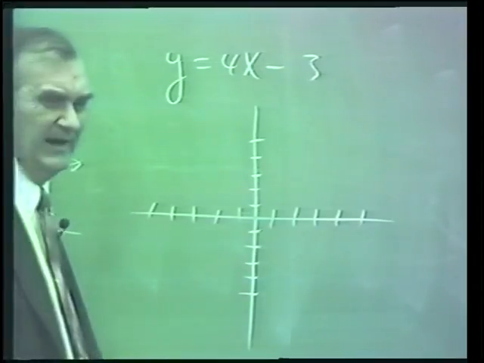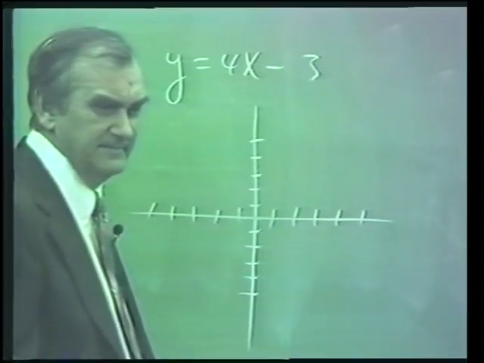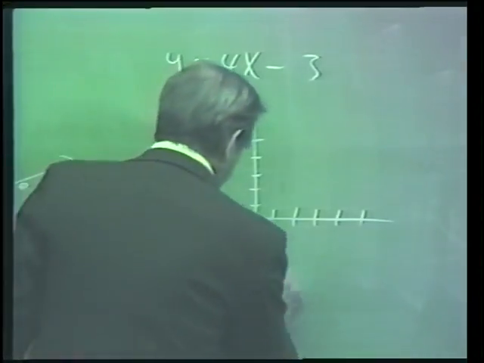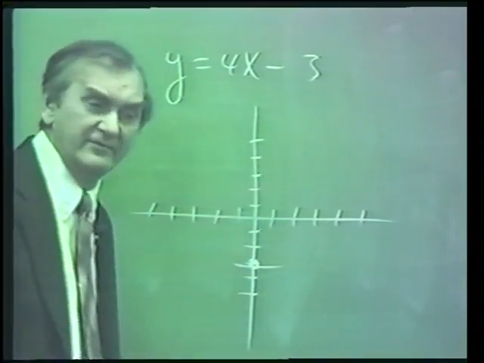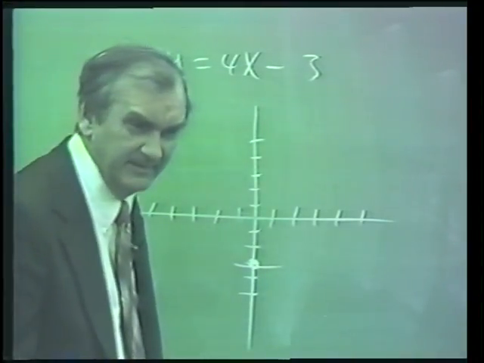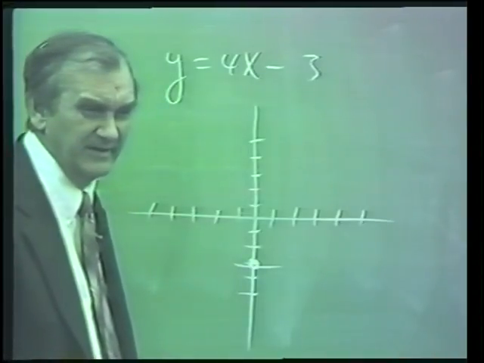First of all, we need the y-intercept. What is that? -3. So we located this. This now becomes our key-off point for our slope. Our slope in this problem is what, Beeb? What's the slope say? 4.